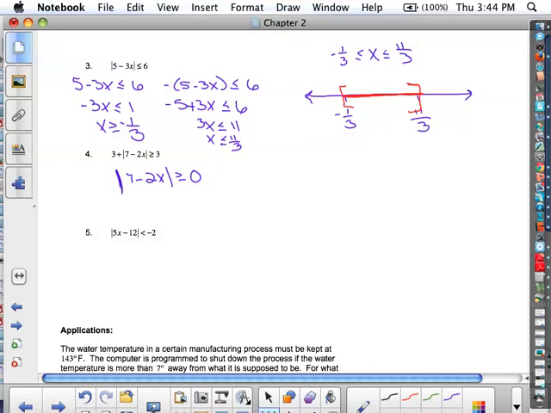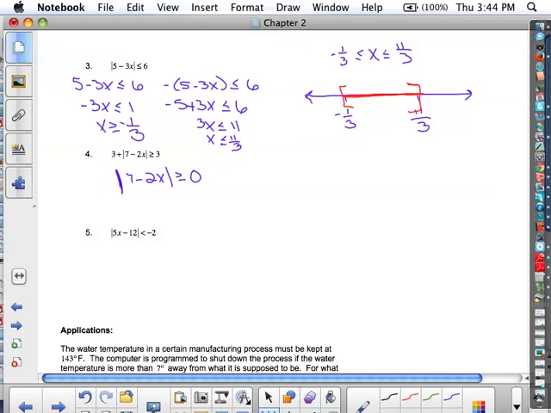So now think about this. Is there any way the absolute value of 7 minus 2x can be less than 0? Is there any way it can be less than 0? Substitute any value of x. The answer is no. The absolute value is always positive.